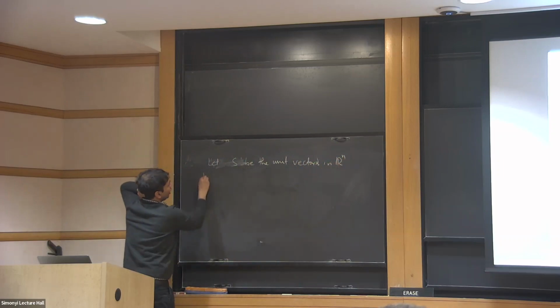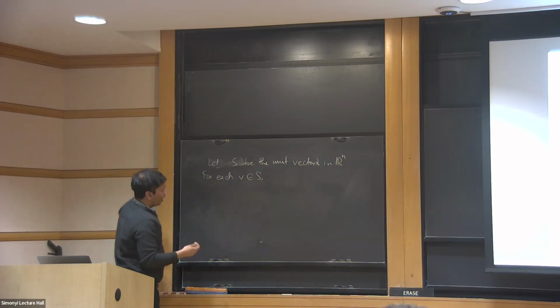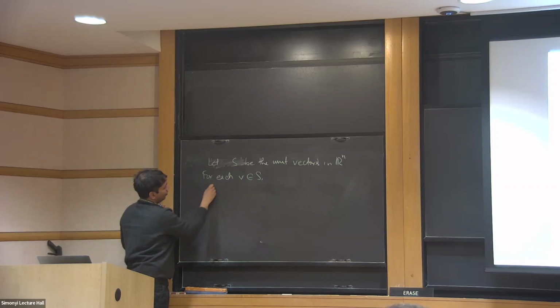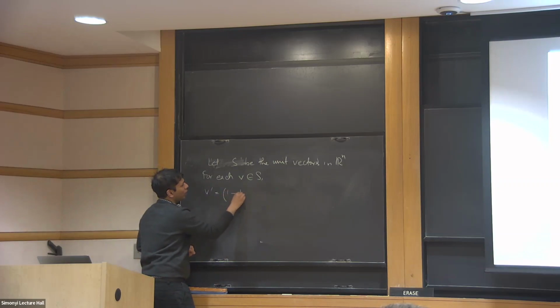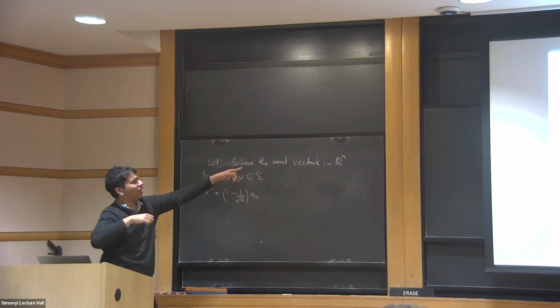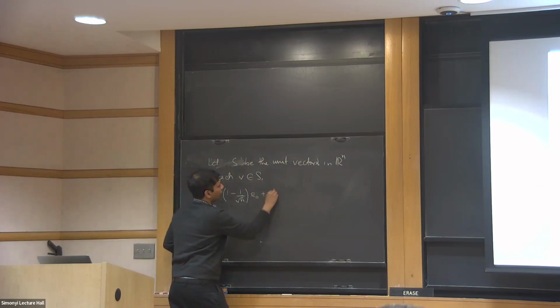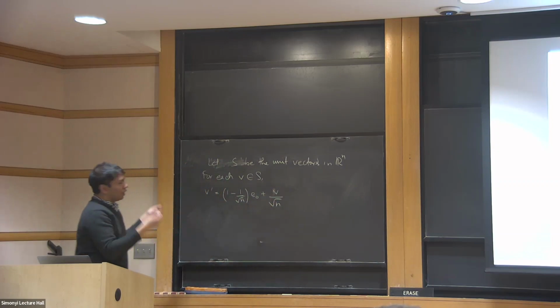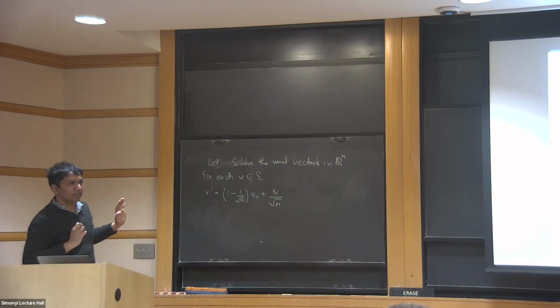For each V in S, I will create V prime, which is equal to 1 minus 1 over root n times E naught, so I'm adding a new dimension, E naught, plus 1 over root n times V. So I'm creating a new set of almost unit vectors. This is my set of vectors.